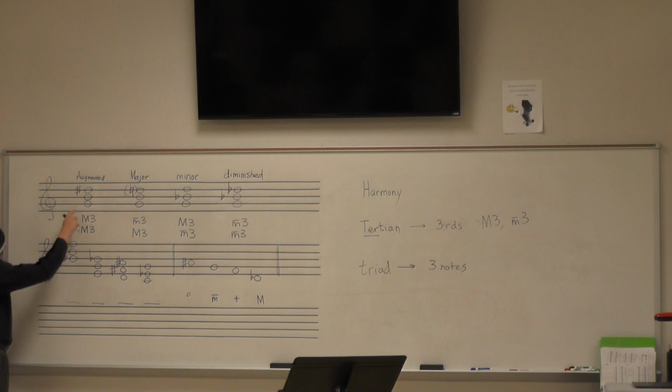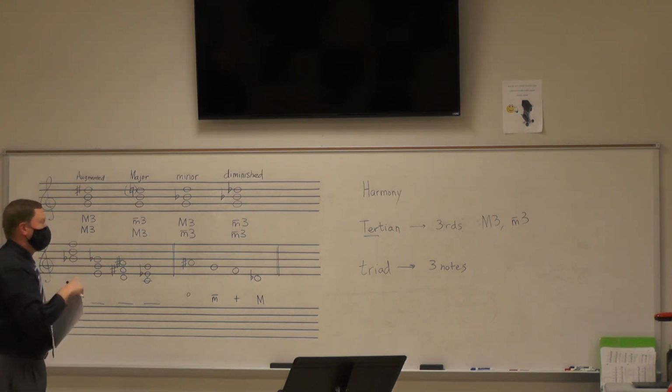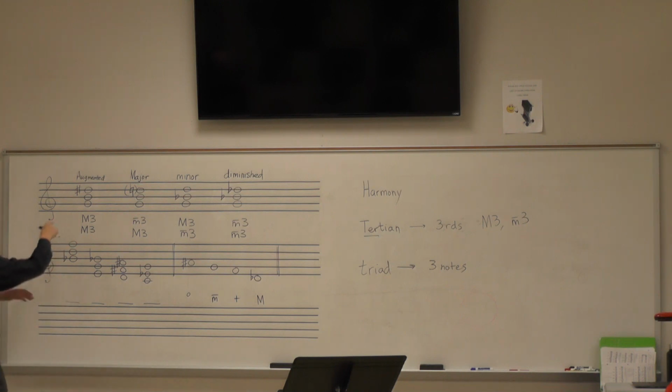And that is, what is the interval between the lowest note and the highest note of all four of these? By the way, I should say that when we stack two thirds on top of one another, the resultant total interval from the bottom to the highest note is a fifth. This goes back to that fuzzy math that we talked about last class.